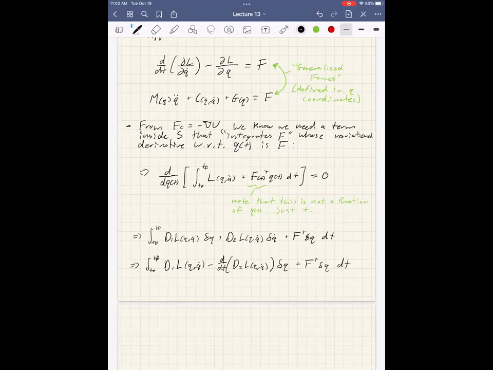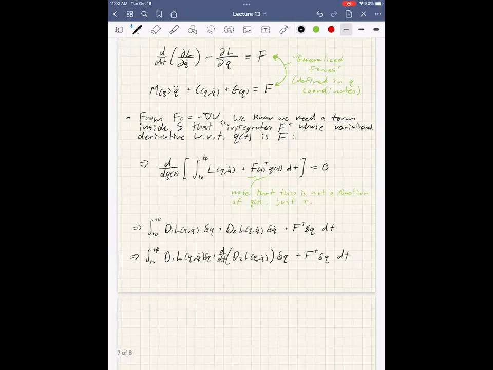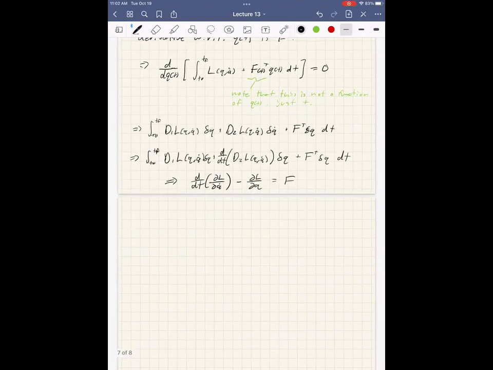Oh, I missed a delta Q on that first term. So now this basically says Euler-Lagrange stuff, d/dt of partial L partial q dot minus partial L partial q equals F, if I transpose everything. So anyone seen this before?